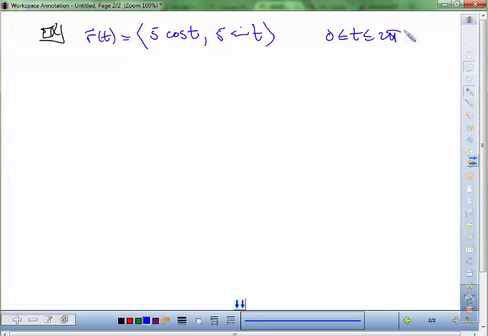So this is our r, and we got our limits from 0 to 2 pi. So let's find the arc length of this thing. According to the formula, we need r prime, which is, derivative of cosine is negative sine, right?